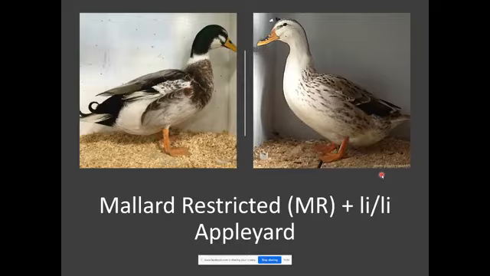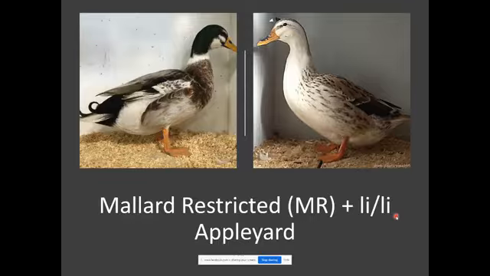The next allele, unfortunately, is the restricted one, which I said tends to make the bird lighter and also keep the areas of white. But to get a good example here of the effect of the restricted mallard, I had to bring in the phase gene. So this is actually the light phase, whereas the previous birds were dark phase. And the classic example of a restricted mallard with the light phase is the Appleyard duck.